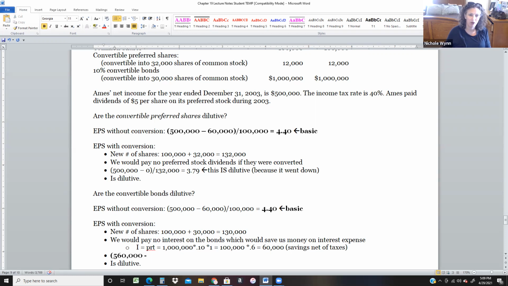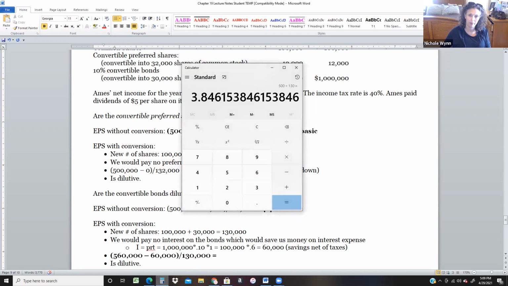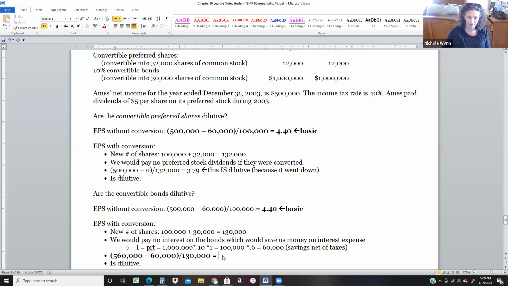But we still have our preferred dividends of 60, and now we'll divide by 130. So 500 over 130, 3.85. So again, yep, it's dilutive.